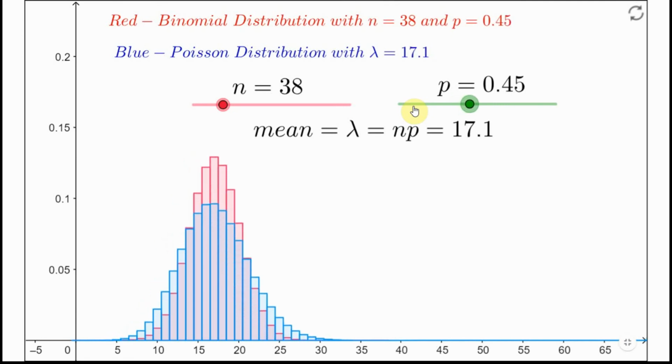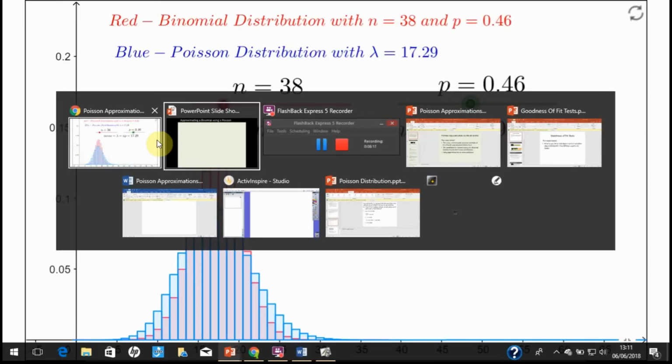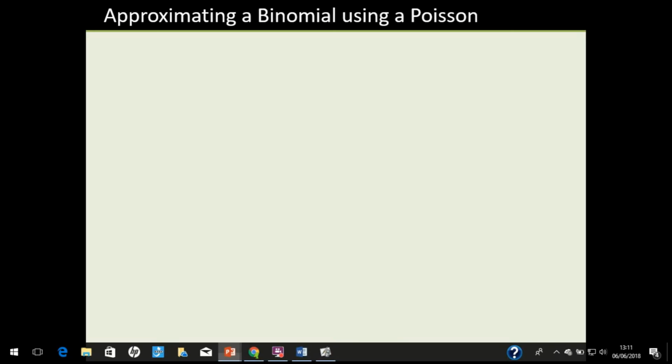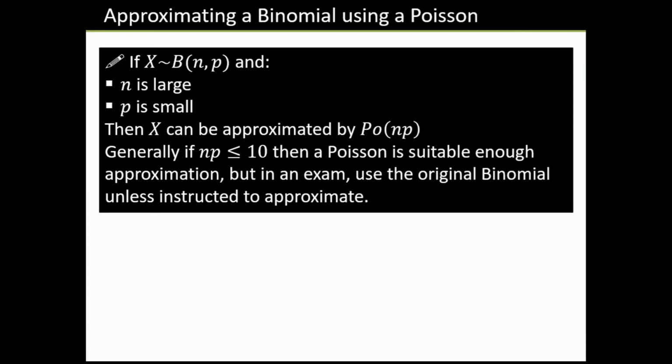Okay, so to make the approximation a reasonable approximation, really what we're looking for are large values of n and small values of p.